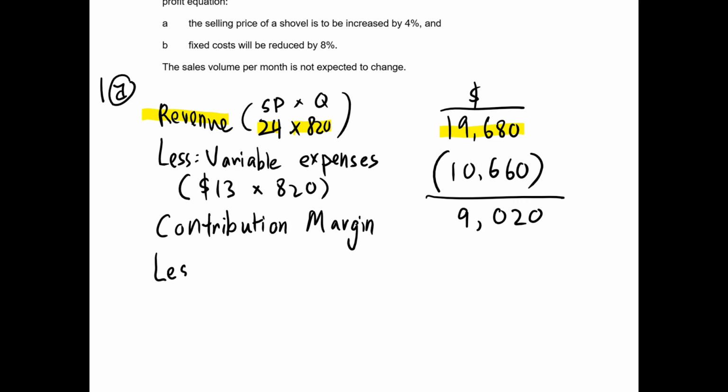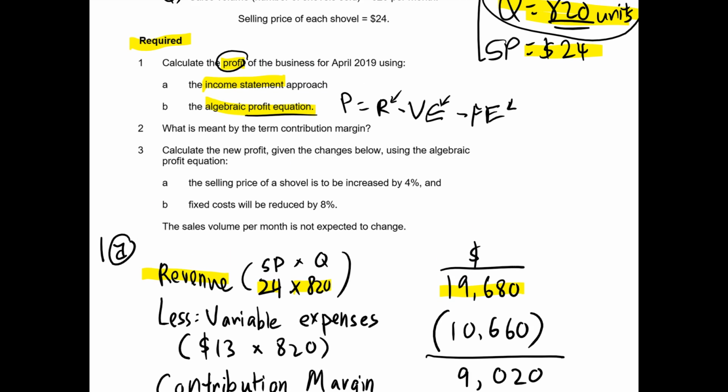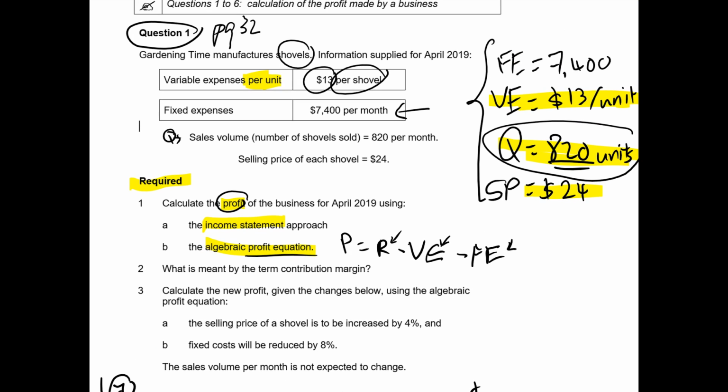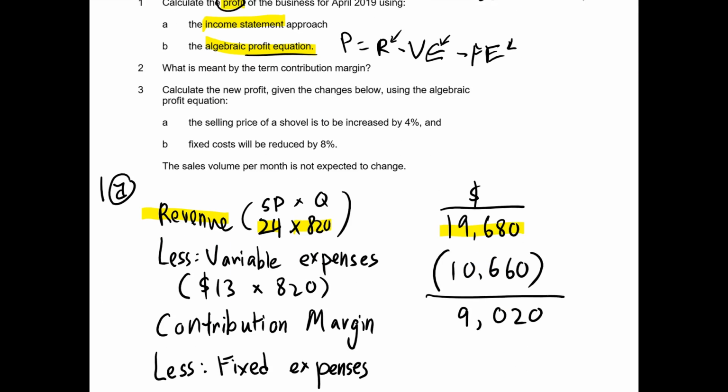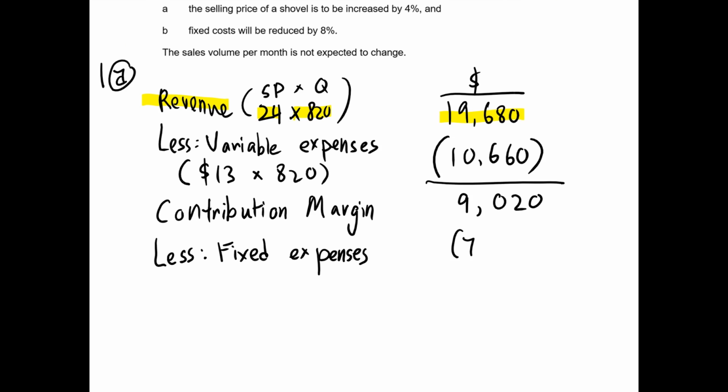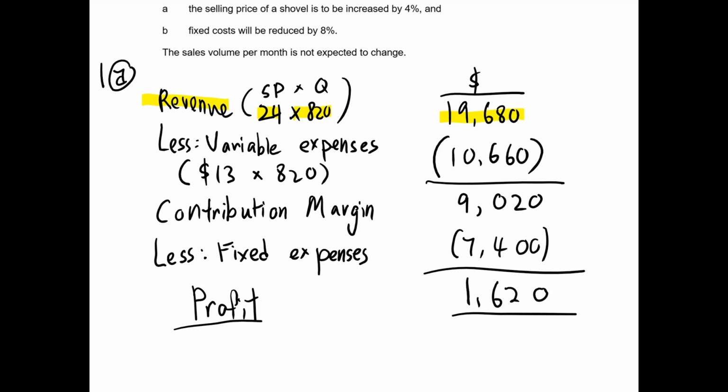The next thing you need to do is minus off your fixed expenses. Fixed expenses is 7,400, so minus 7,400, and your profit figure here is 1,620. So your total profit will be 1,620.